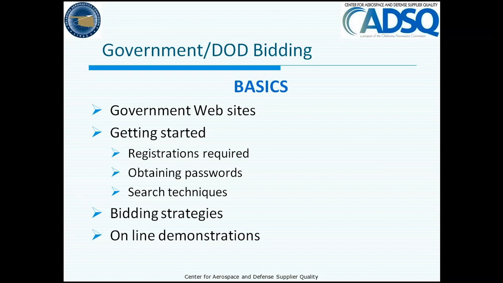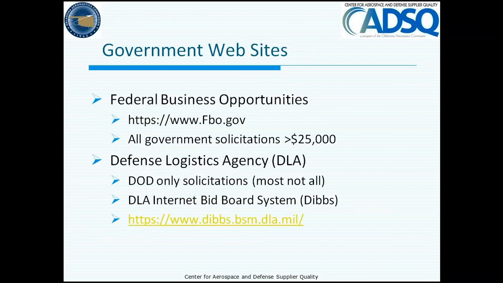I'll show you basically how straightforward it is to bid. The first website I want to talk about is the Federal Business FBO. If you've done any work with the government, you're familiar with this website. Mostly the rules are that solicitations greater than $25,000, anyone in the government can put on this website.